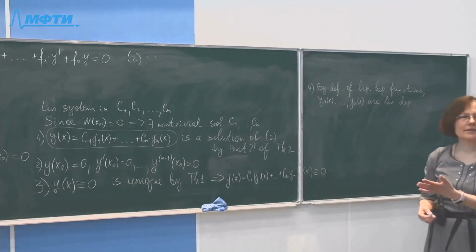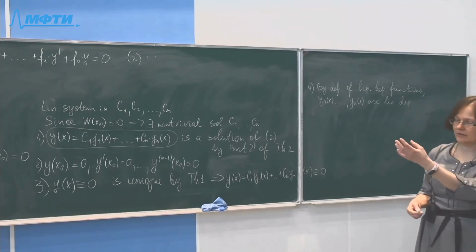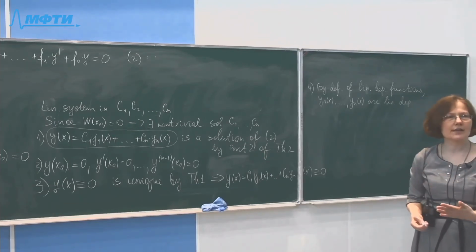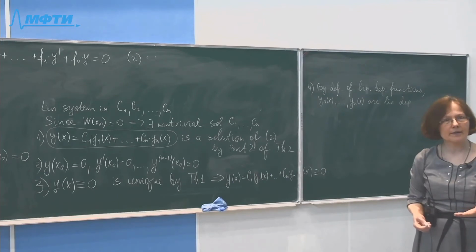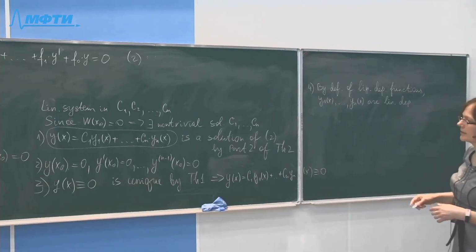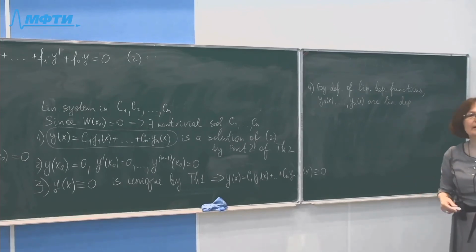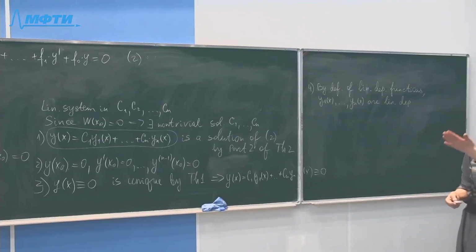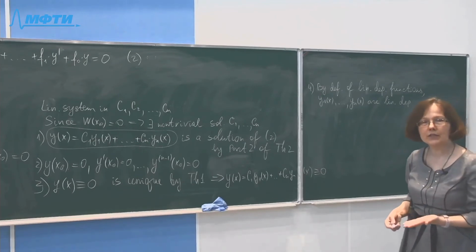So we start with the fact that the Wronskian vanishes at just one point, but this implies that these functions are linearly dependent. So the Wronskian vanishes at all points of the interval.